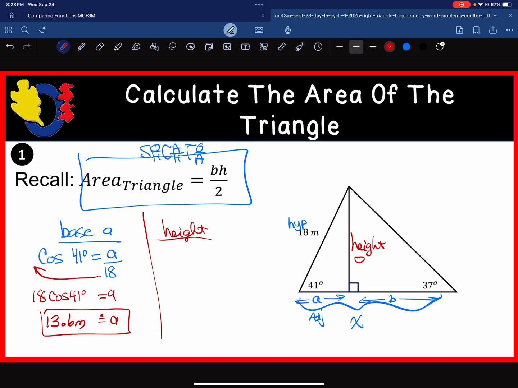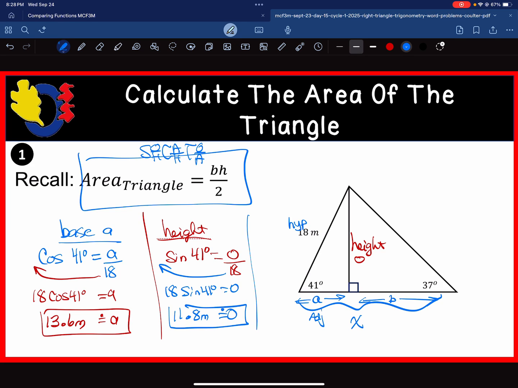So we have an opposite and hypotenuse, so this time we're using sine 41 degrees equals, well, we can call it O for opposite, over 18. And then we need to multiply by 18 to isolate the O. So the opposite is, if we plug that into the calculator, 11.8 meters.